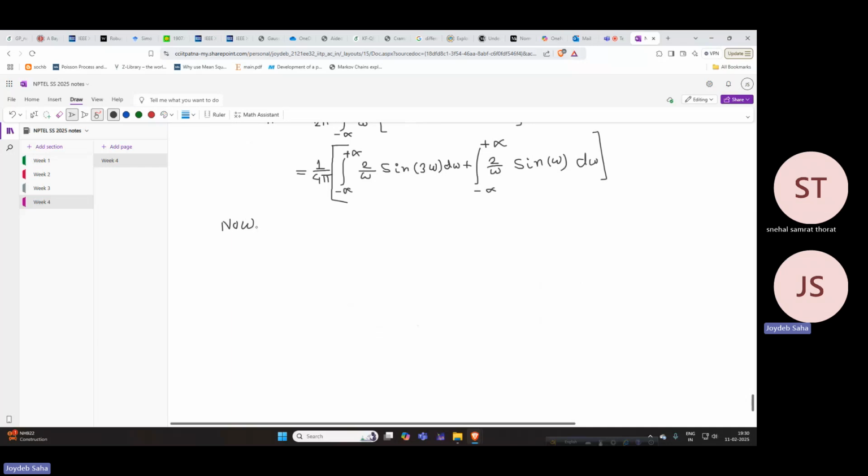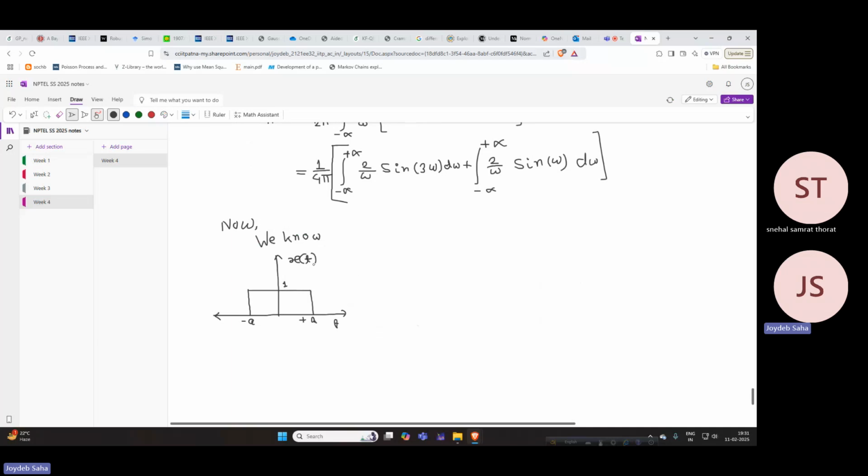We know, a pulse of amplitude 1 from minus a to plus a, xt.